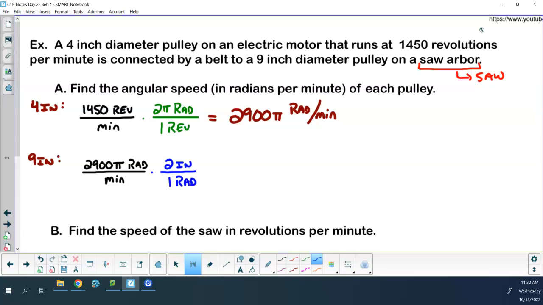Which means my belt is traveling at 5,800 pi inches per minute.